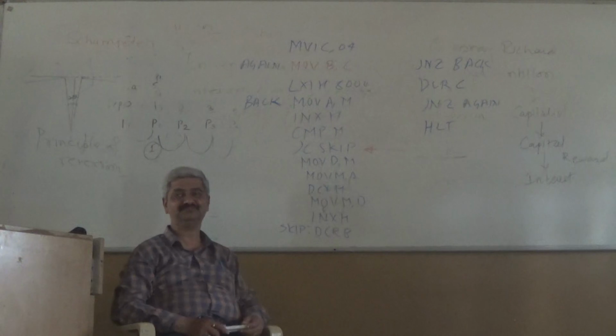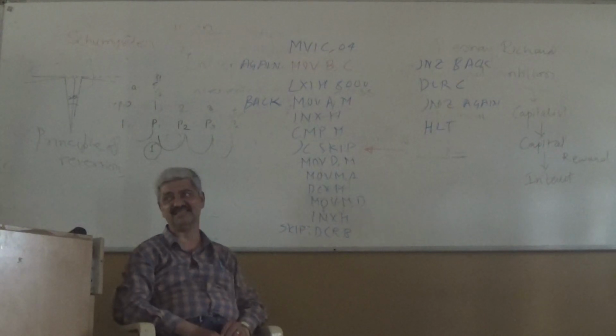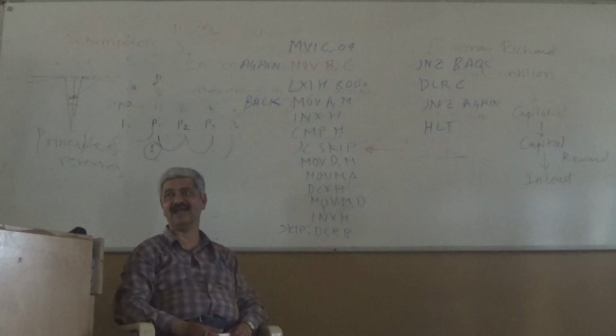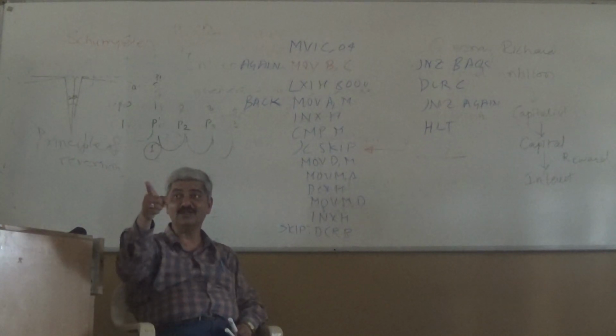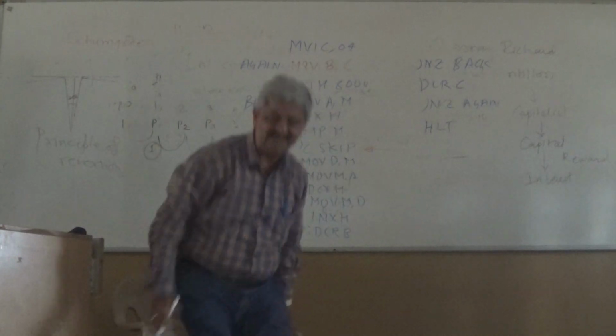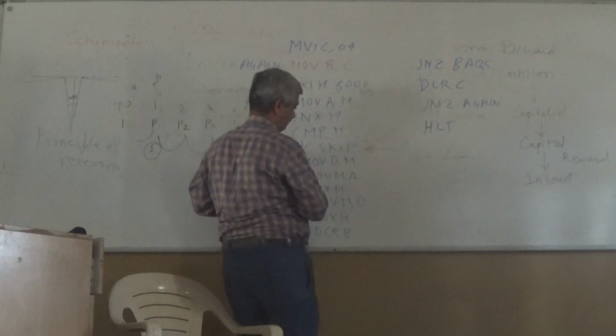Then, what can I do? If I want to prevent this unnecessary exchange, what do I have to do? Jump on carry skip and also jump on zero skip. So, as he rightly said, I don't know whether he knew it earlier or he might have found it here.